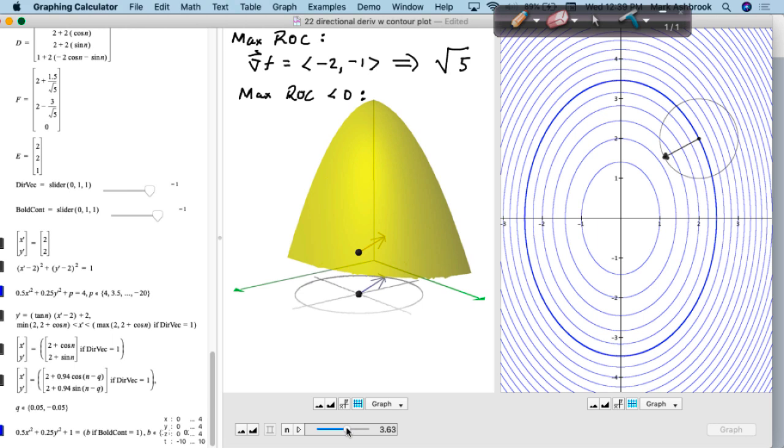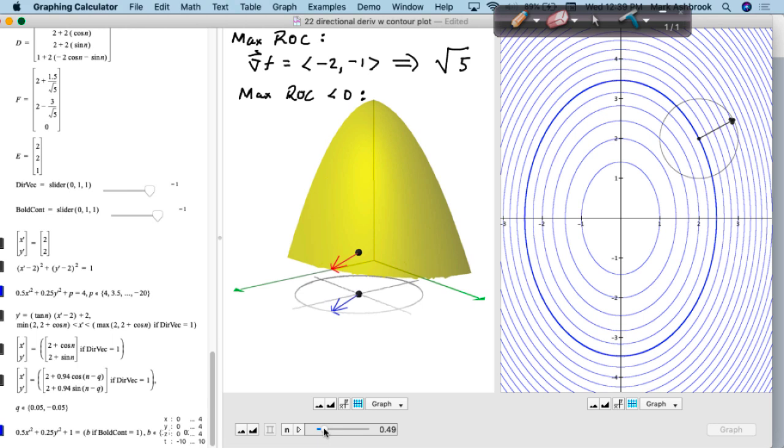So tell me where to stop. Where's max negative rate of change? There, right? You're going to go down as fast as you can, so you're going to get to the next contour line as fast as you can. That's orthogonal. So it's exactly in the opposite direction.